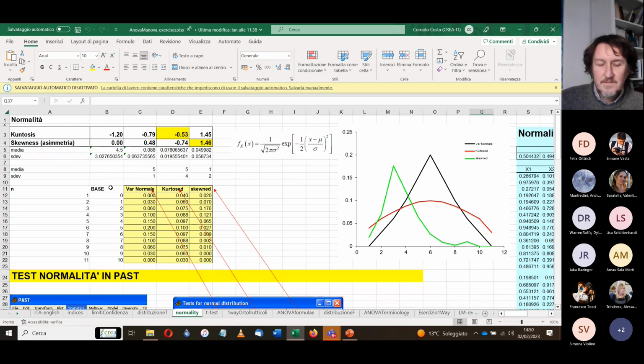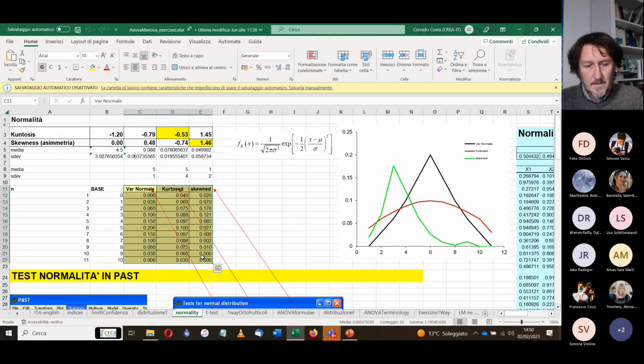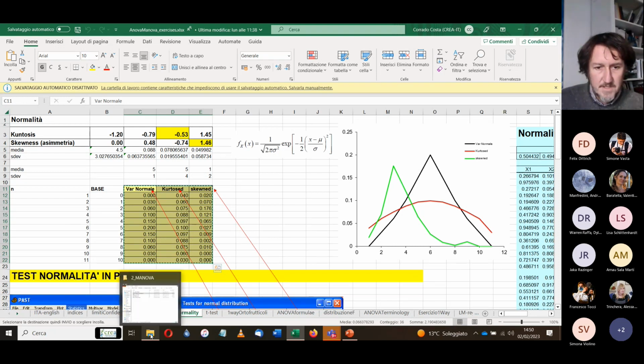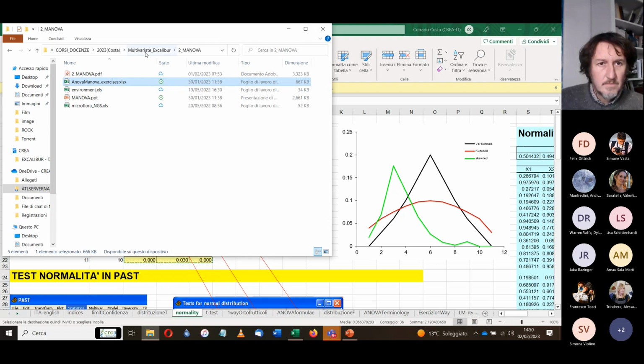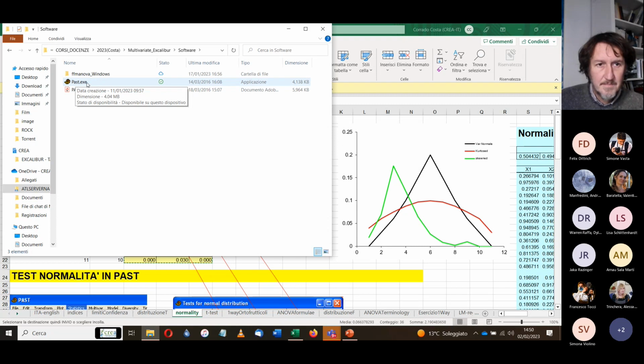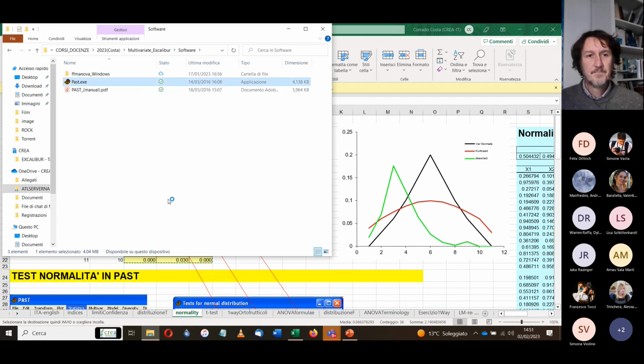We have to test if these three distributions are normally distributed. So we copy this data set, Control C. We go in the software, we open PAST, the PAST executable.